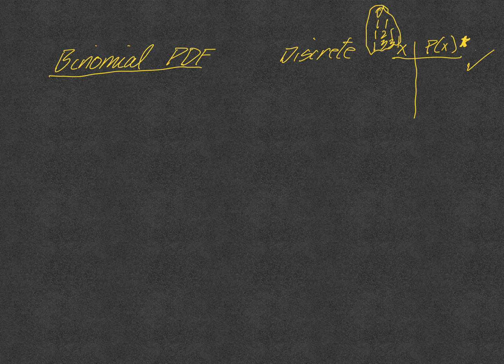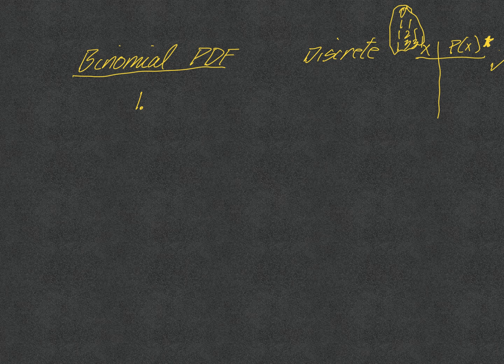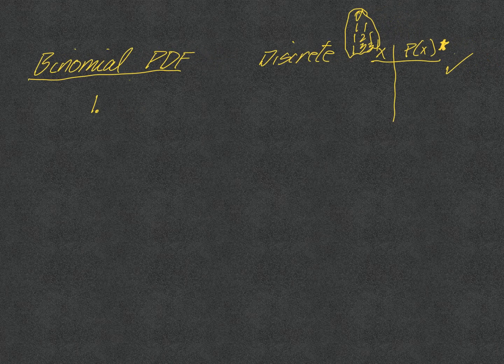So there are four characteristics we need to pay attention to here. The first one is, to know if you have a binomial probability distribution, you have what's called n, usually labeled small n, a fixed number of trials.